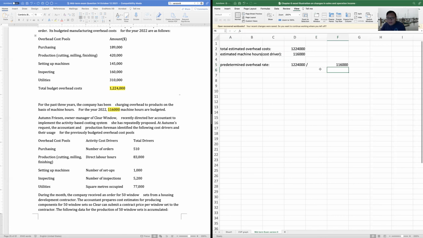Basically I am using these two. So this number divided by this number, so I'm going to use this equals this divided by this. And I can keep probably just 2 decimals.